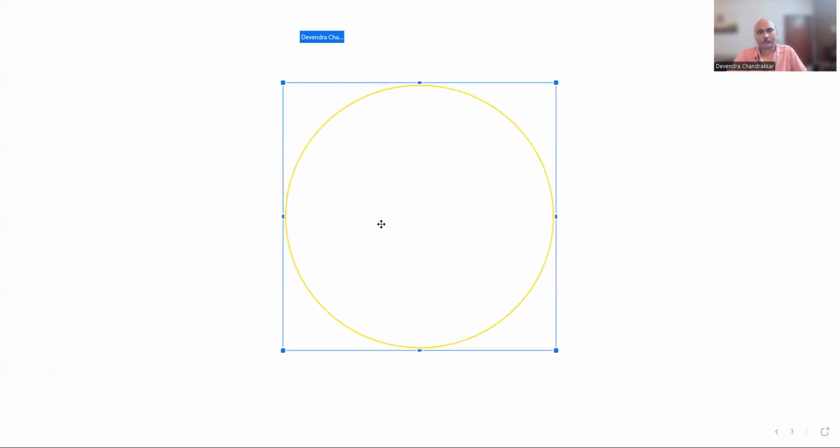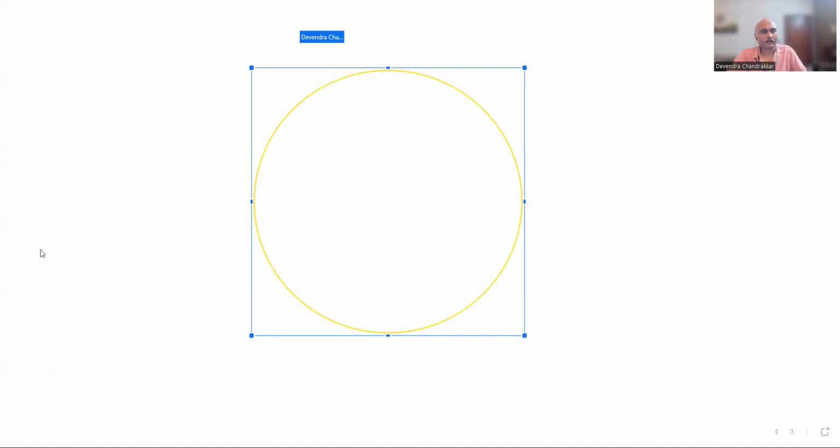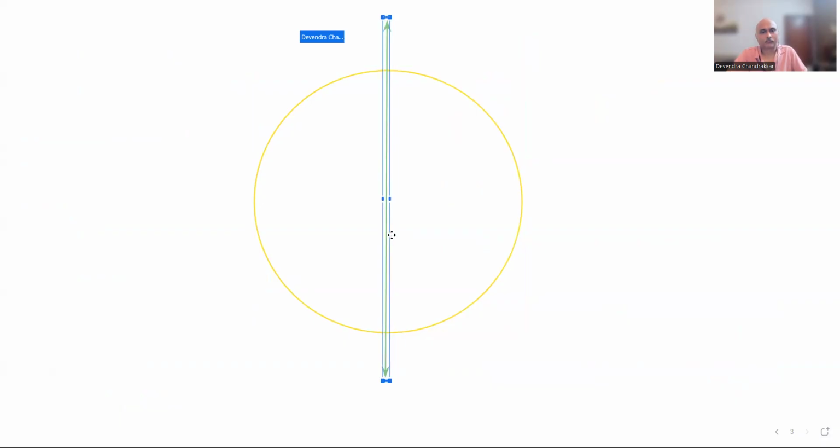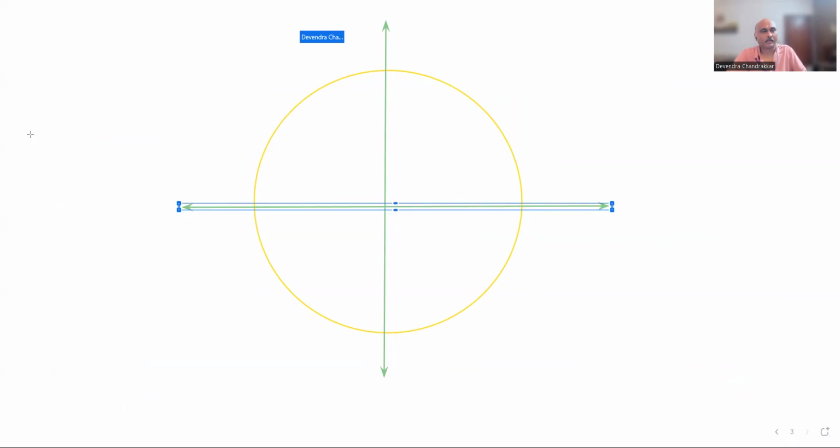A circle is divided into 4 equal parts, and each part is called a quadrant. This is the first quadrant, this is the second, this is the third, and this is the fourth quadrant. All of you, please pay attention. You learn a new thing here.